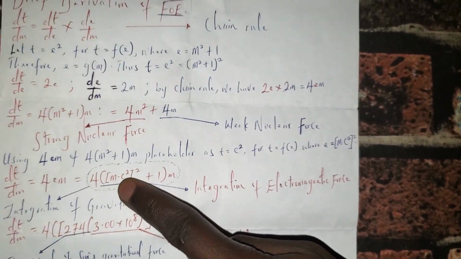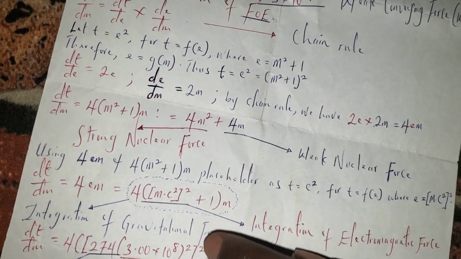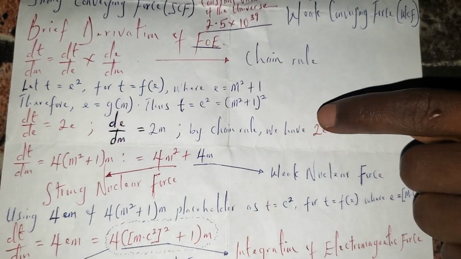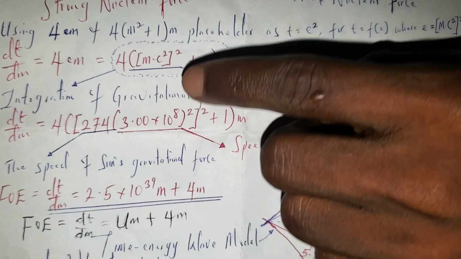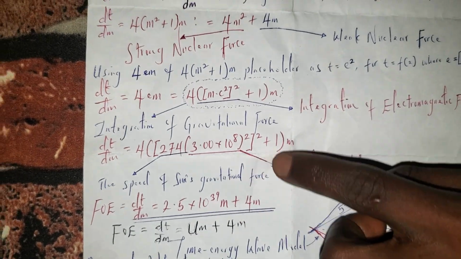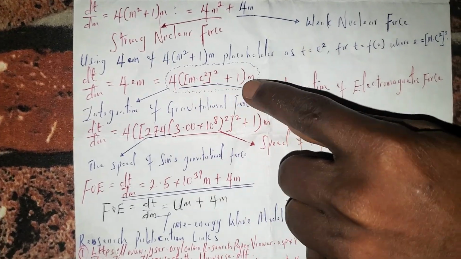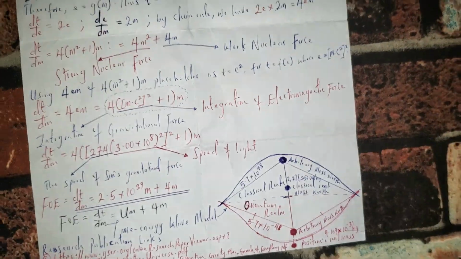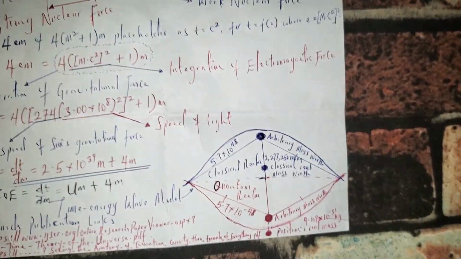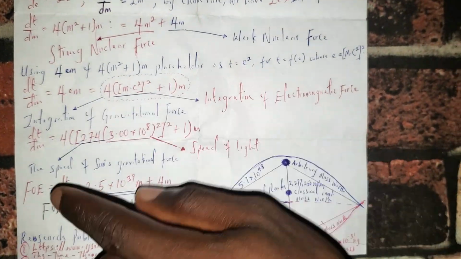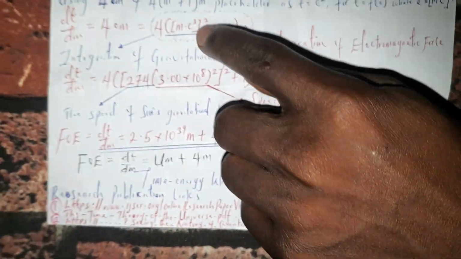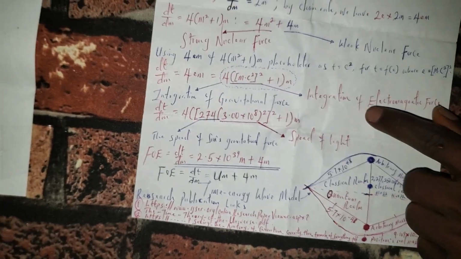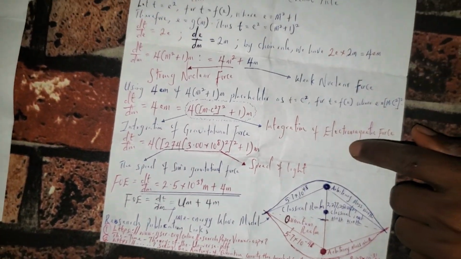We put the mc squared right inside the formation, right inside what we're deriving. And so then we have this value plus 1, we have m outside. So now here, everything all together, we have it to be the integration of gravitational force. But this particular 4mc squared, as we have it right here, that is the integration of electromagnetic force.